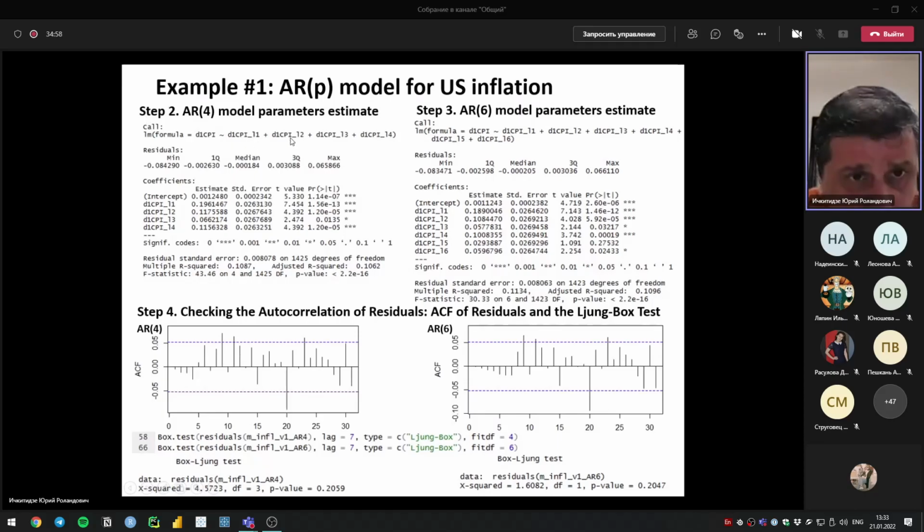Inflation with first lag, inflation with second lag, and so on. Here I'm using the LM function for now, while on the next slide we'll look at the ARMA function, because both can be used for estimating AR parameters.